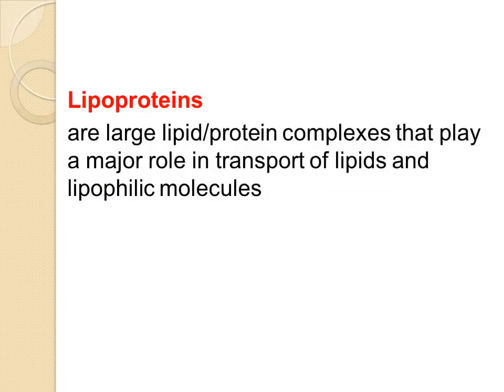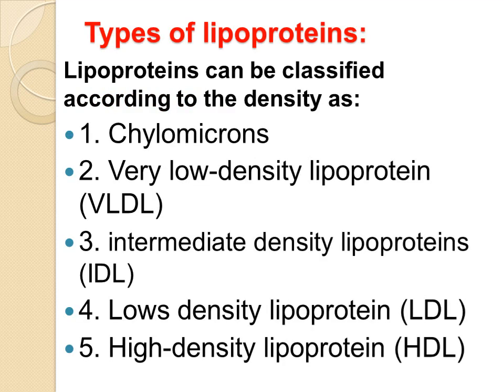Now lipoproteins are large lipid protein complexes that play a major role in transport of lipids and lipophilic molecules. So lipoproteins are made of lipid and protein and play an important role in transporting lipids and lipophilic molecules. Types of lipoproteins.